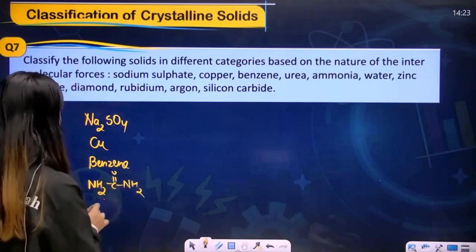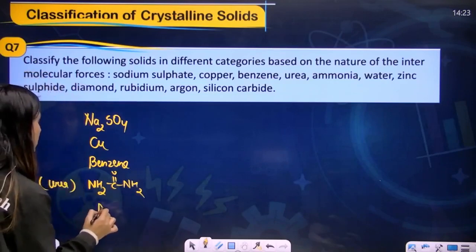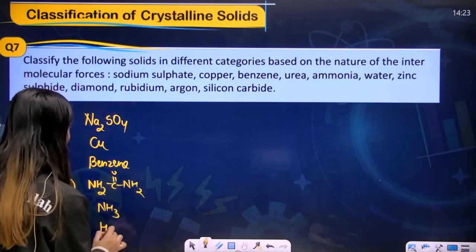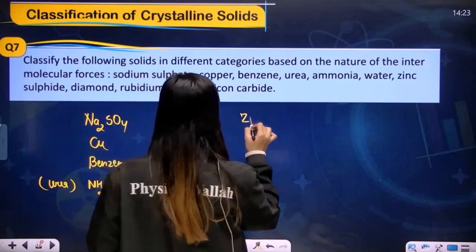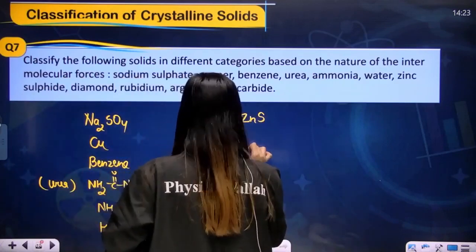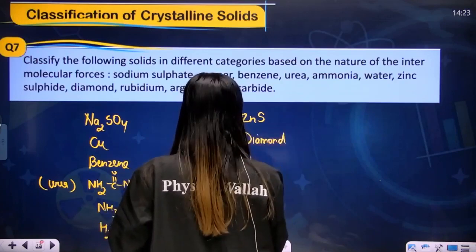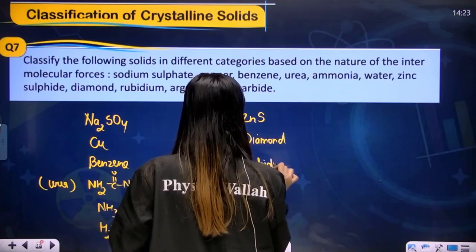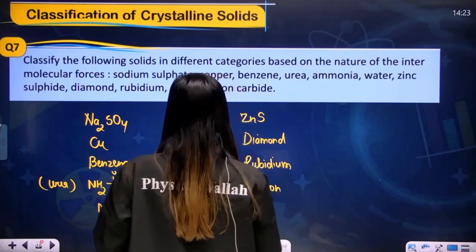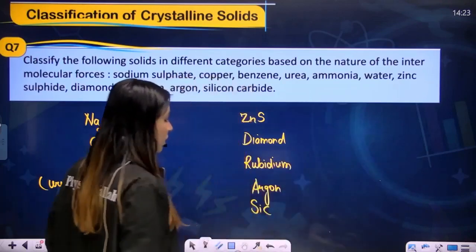Then you have ammonia, then water, then zinc, then zinc sulfide, then diamond, then rubidium, then argon, silicon carbide. Now let's try to understand each and every one individually.